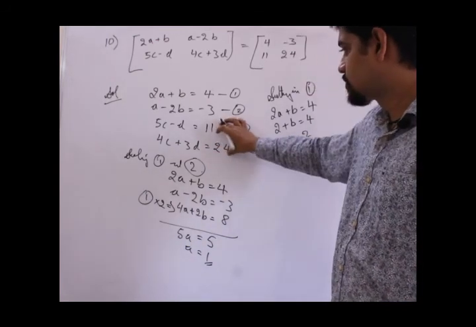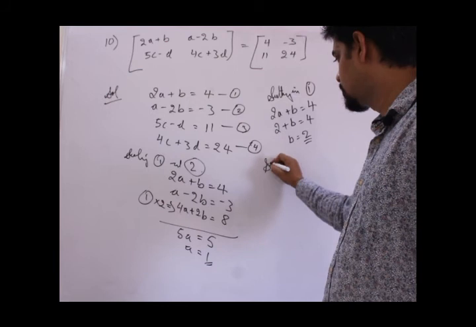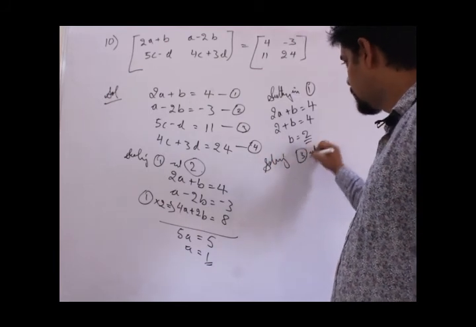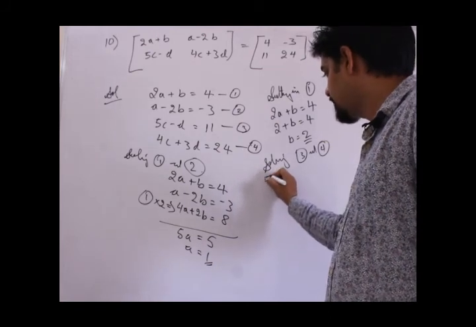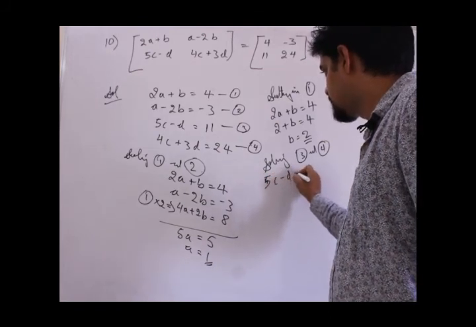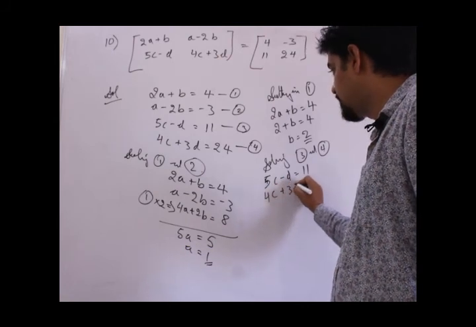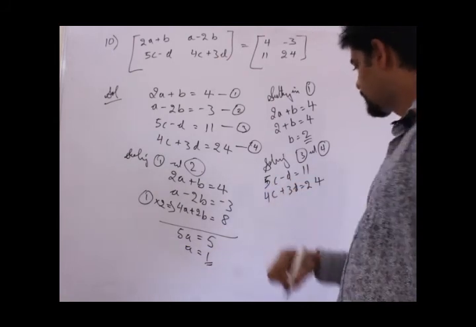Now we need to solve these two equations. So solving equation number 3rd and 4th. So this is 5c minus d is equal to 11. 4c plus 3d is equal to 24.